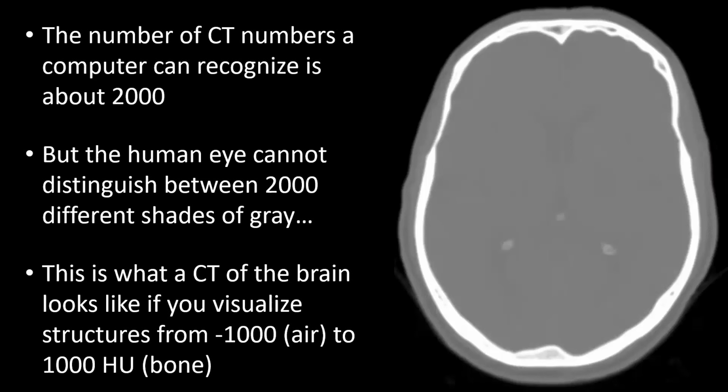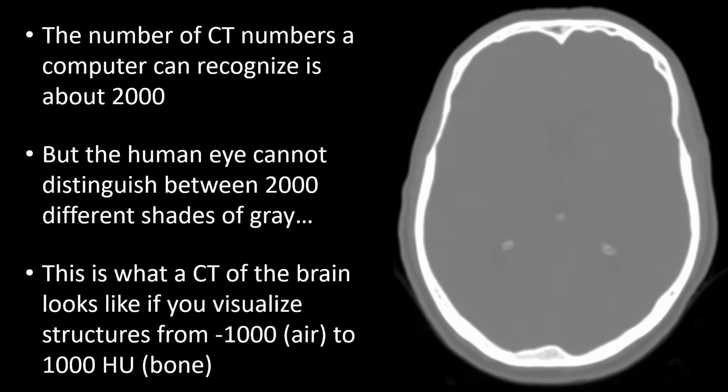If we were to create an image of the brain showing us all Hounsfield units from minus 1000 to plus 1000, so the density of air to the density of cortical bone, this is what that image would look like. So now we can see all Hounsfield units from very low to very high. And what do we see?